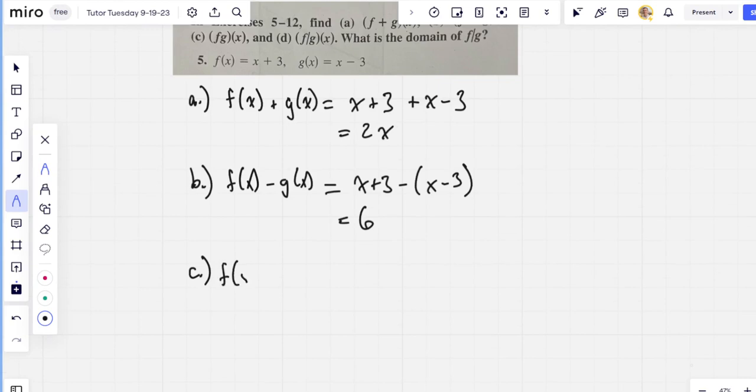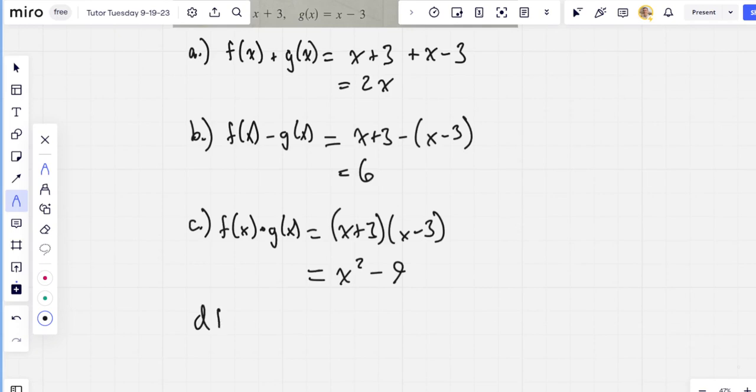Last one. fg of x is f of x times g of x. That's x plus 3 times x minus 3, which is reverse of the difference of squares. That's x squared minus 9. And then part D, f of x divided by g of x is x plus 3 over x minus 3.